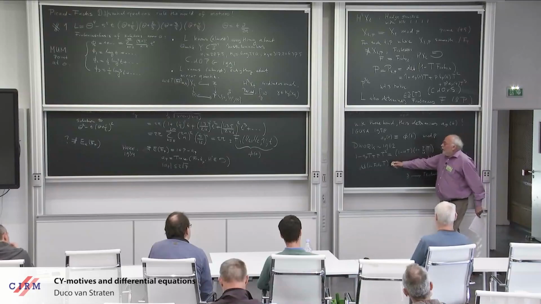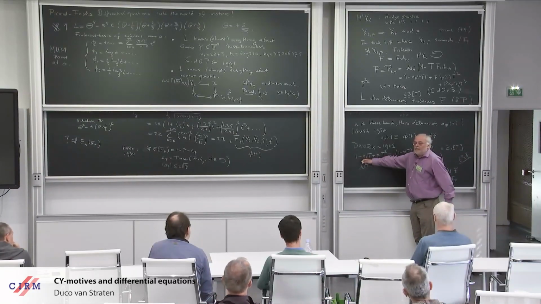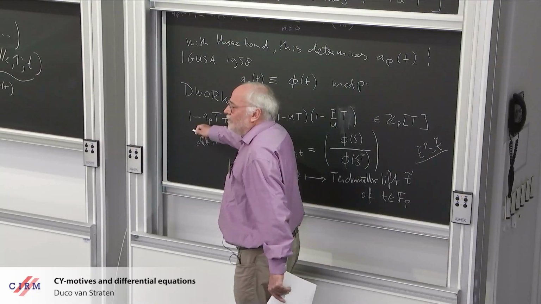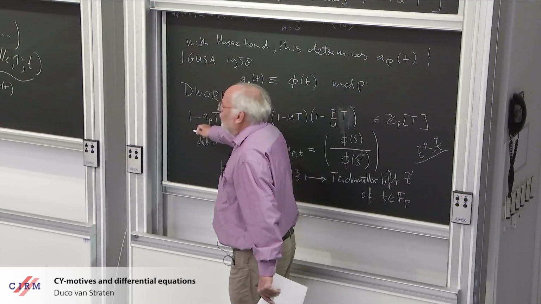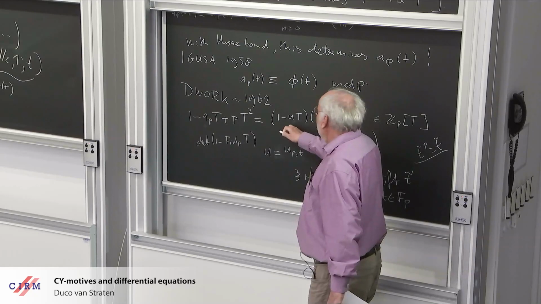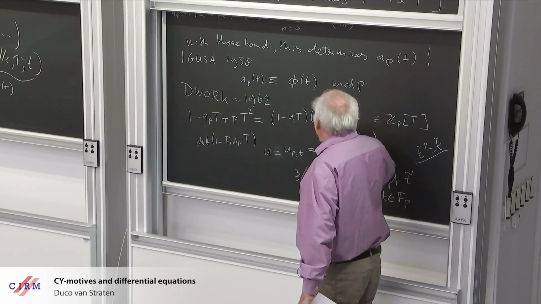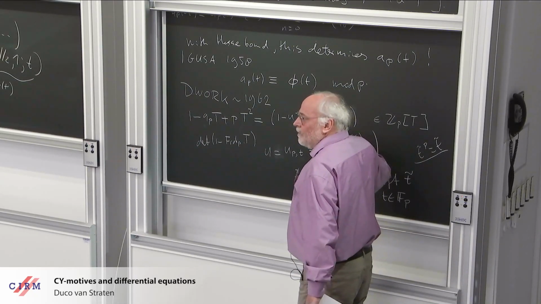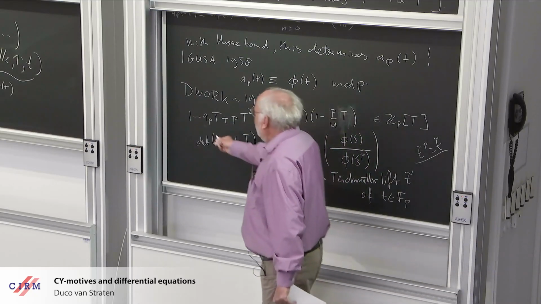Because a_p is an integer, not an integer mod p. How to get the integer? Well, you compute u and add to it p divided by u. This gives an integer a_p.